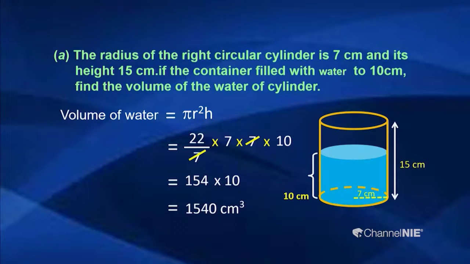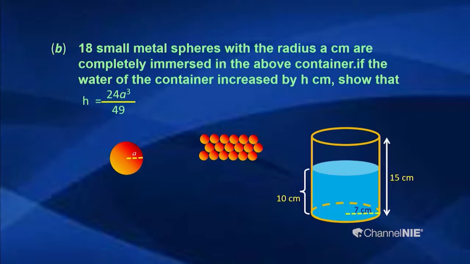Okay, part B. It is 18 small metal spheres with radius a centimeters completely immersed in the above container. If the water level of the container increases by h centimeters, show that this value. They asked to show this one.